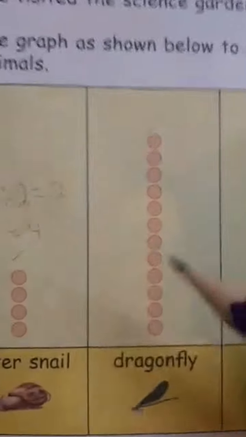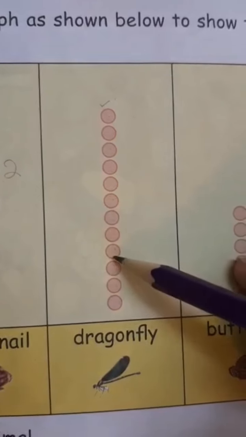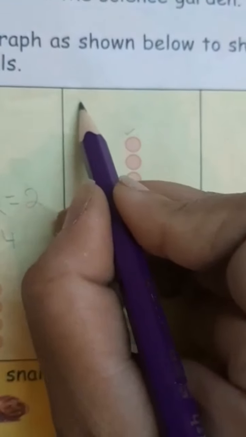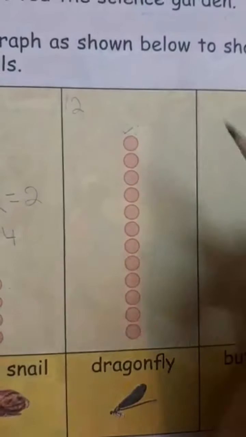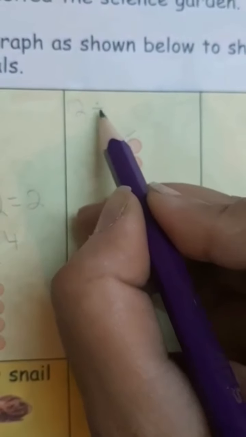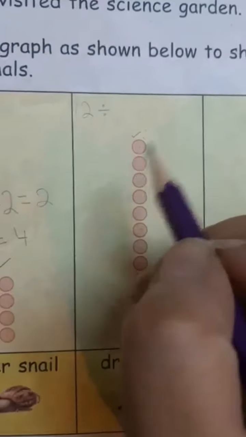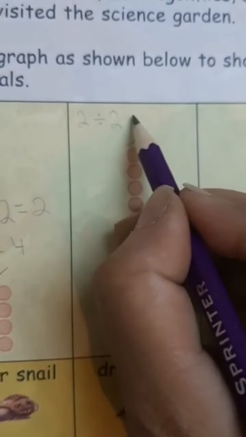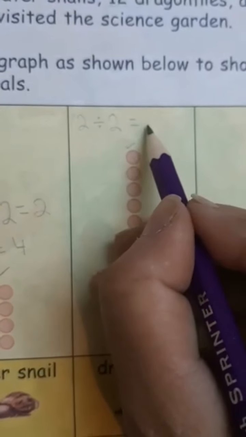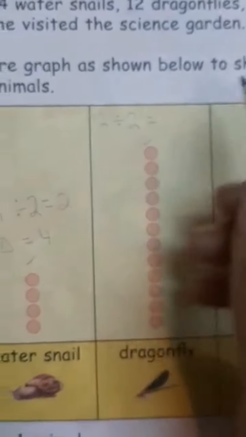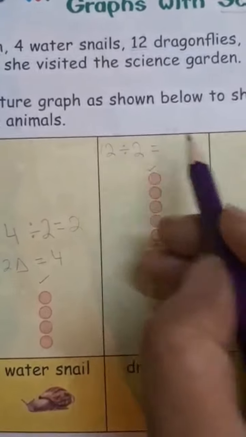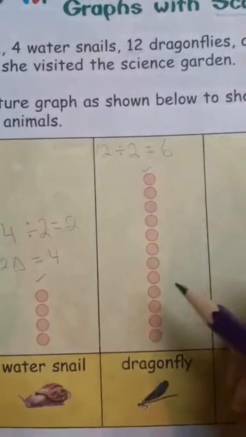Now the dragonfly. 1, 2, 3, 4, 5, 6, 7, 8, 9, 10, 11, 12. So we have 12 dragonflies. One triangle represents two of them. Now let's see how many triangles we would need to represent 12 dragonflies. 12 divided by 2, you guys, I hope everyone remembers it's 6.